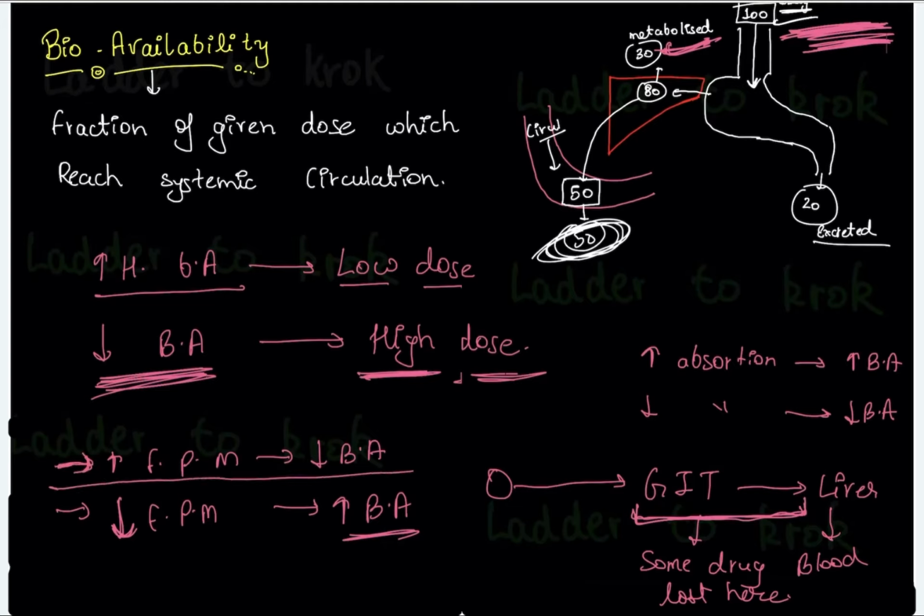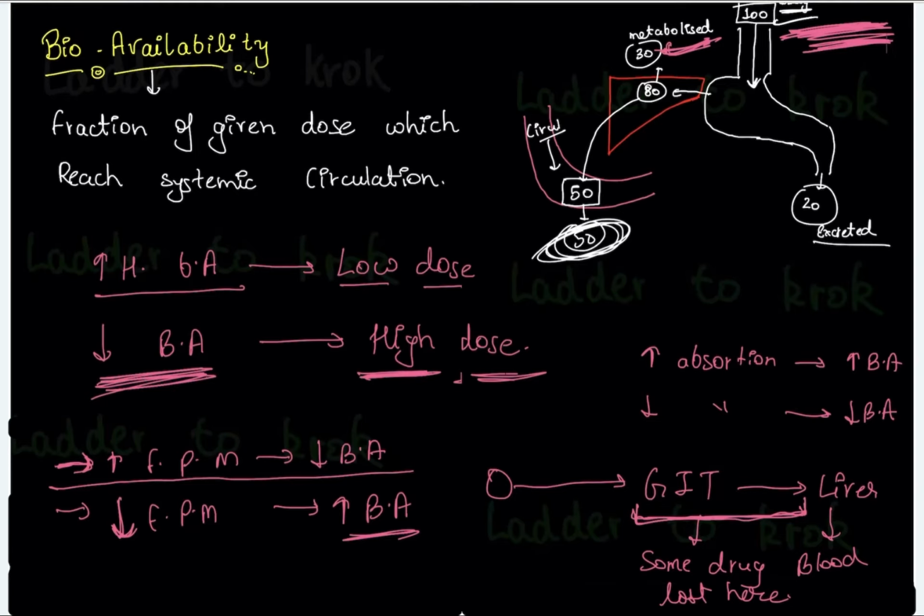So why do we need this? To understand that those drugs which have very high first pass metabolism, we should not give orally, meaning by mouth. Some drugs with very high first pass metabolism are LPG: L for lignocaine, P for propranolol, G for glyceryl trinitrate, nitroglycerine, NTG, that is used in angina.